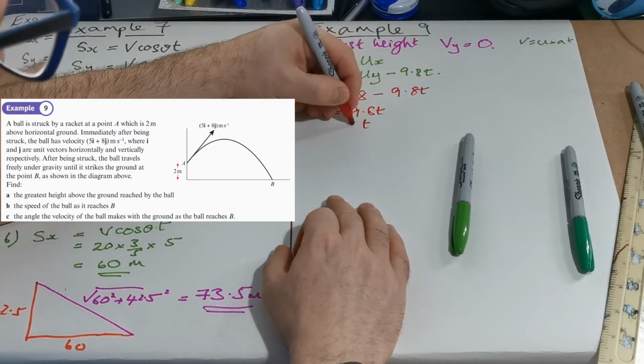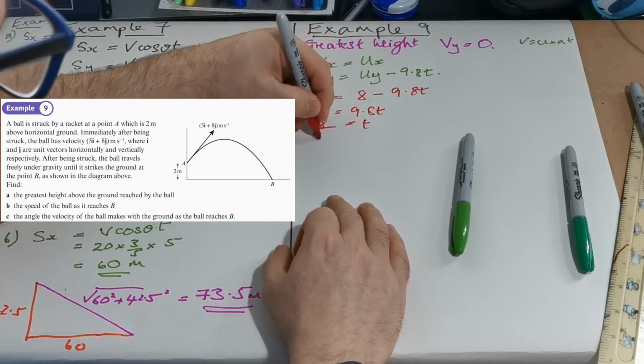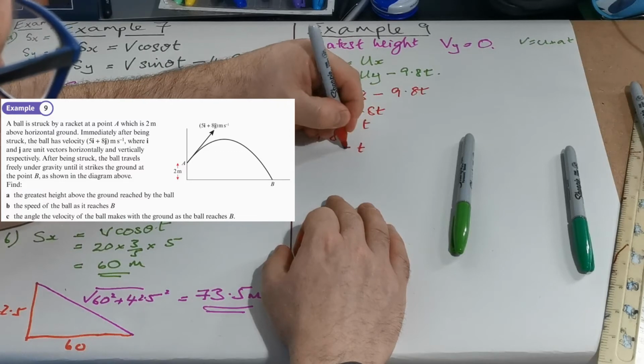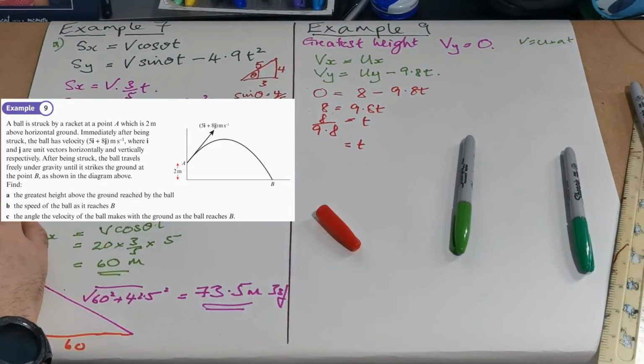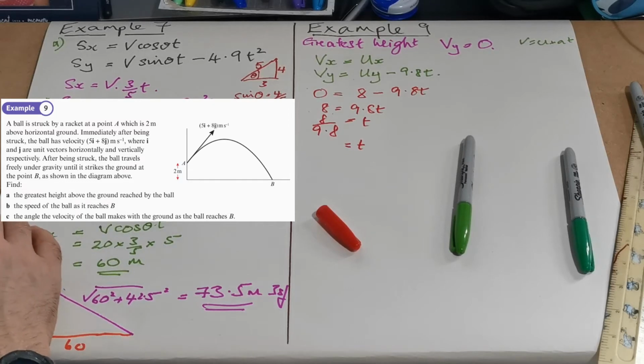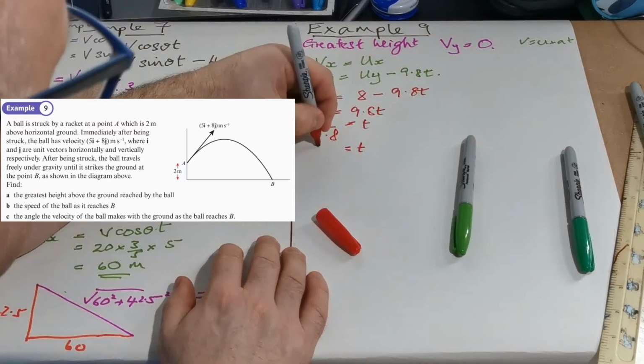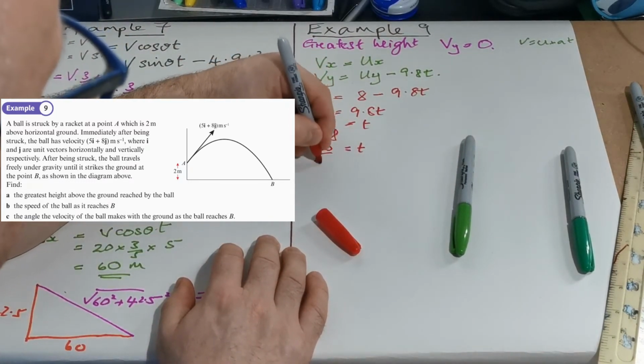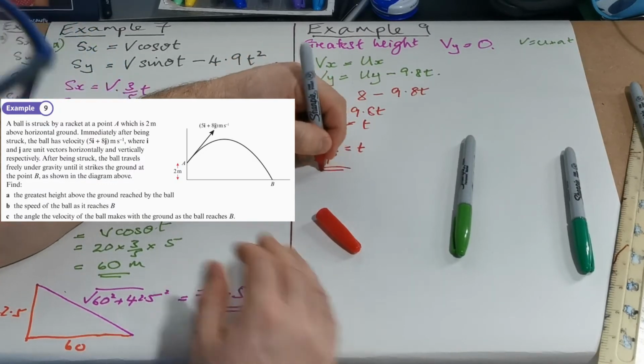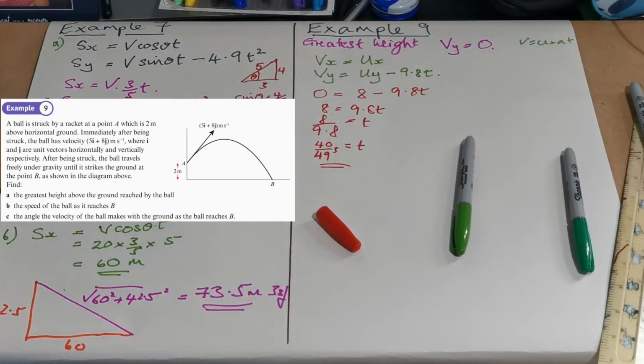So t is equal to 8 divided by 9.8, which is equal to 40 over 49 seconds, and I'm going to keep that as a fraction because I think that'll help me quite nicely.